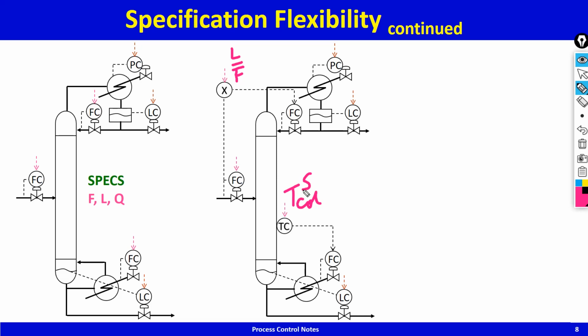So in this case, of course, I have the feed that is specified. The specification variables corresponding to my steady state degrees of freedom are F, L by F, and T stripping, TS. So these are my specs.